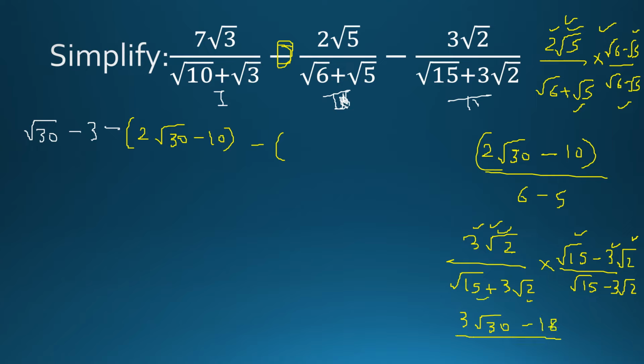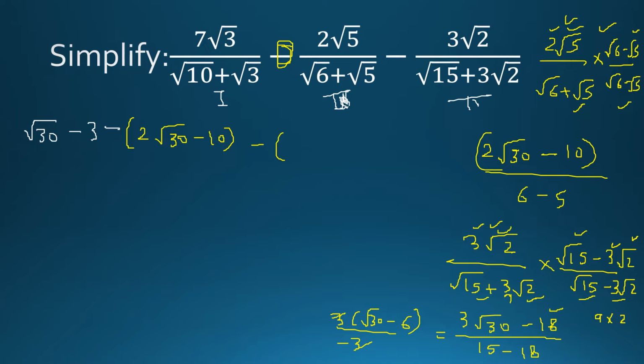Now a plus b, a minus b, root 15 square is 15 minus 3 root 2 square, that is 3 square 9 and 2 square 2, so 9 2s are 18. Is it fine? So 15 minus 18 is 3 minus 3. And from numerator, can I take 3 common? So root 30 minus 3 6 are 18. 3 gets cancelled with 3.